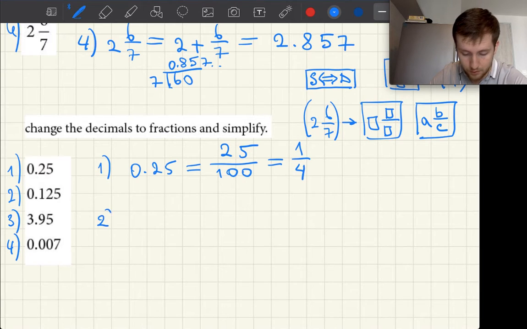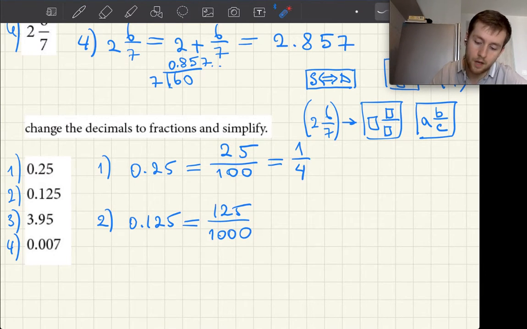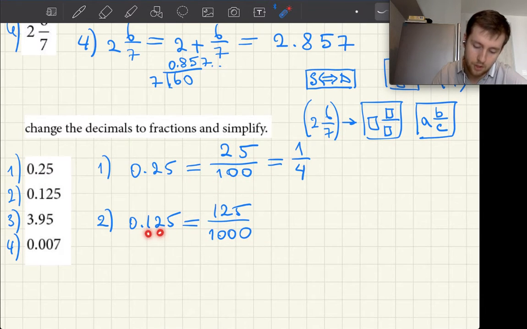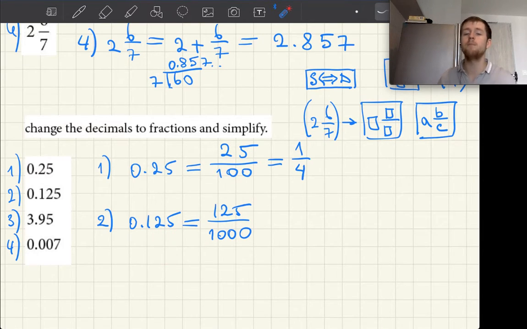0.125. So let's do this as well very quickly. 0.125 becomes 125 over 1000. So notice please that here it's over 100, here it's over 1000 because there are 3 digits after the point. So this placeholder is 1/10th, this is 100th, and this finally is 1000th, right? So keep in mind the placeholders. Okay.